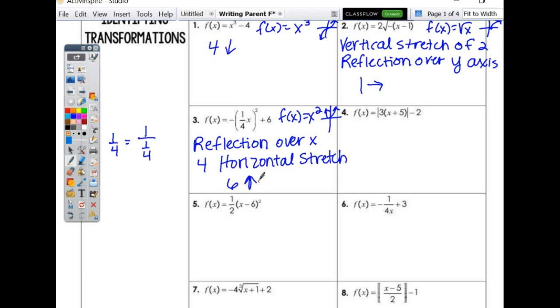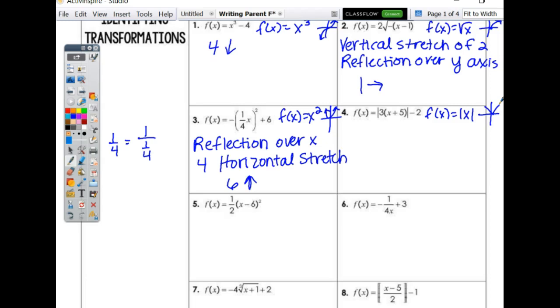And we're going to go 6 up. Okay, everybody. So first of all, what's the parent function? It is... which looks like this. So next, is the 3 inside or outside? Inside, which makes it horizontal or vertical?